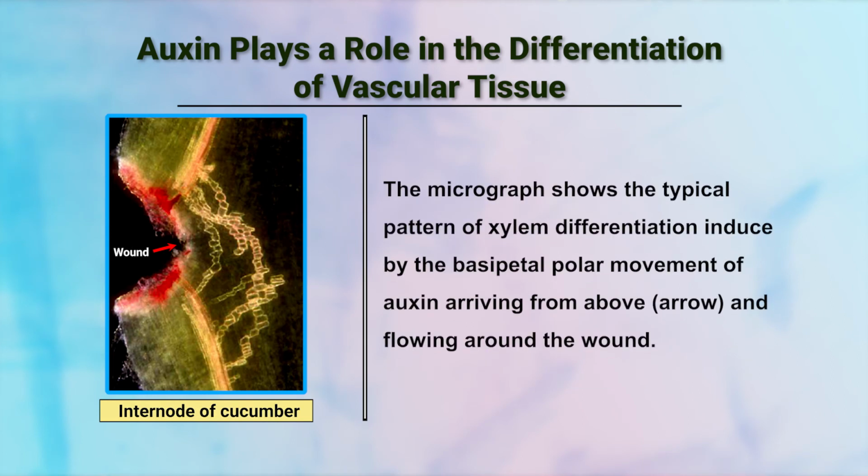Now, as you can see here, there is a basipetal flow of auxin to this region where new generation of xylem tissue and its differentiation is clearly visible. Consequently, auxin can induce development and regeneration of xylem tissue around a wound.